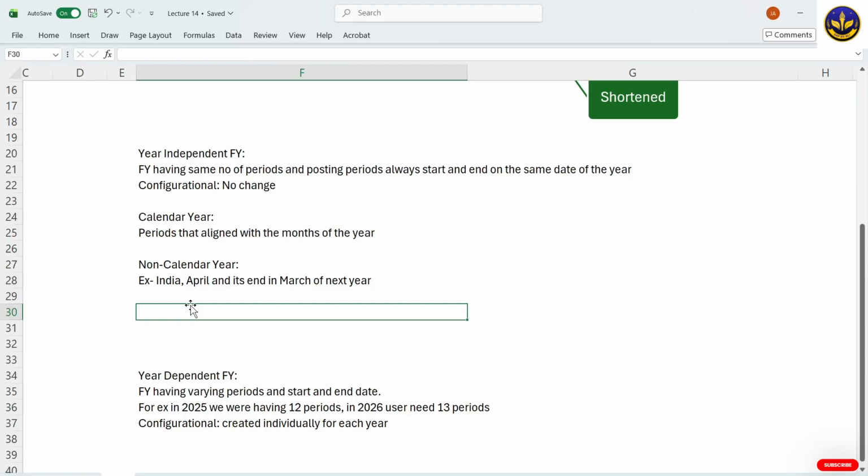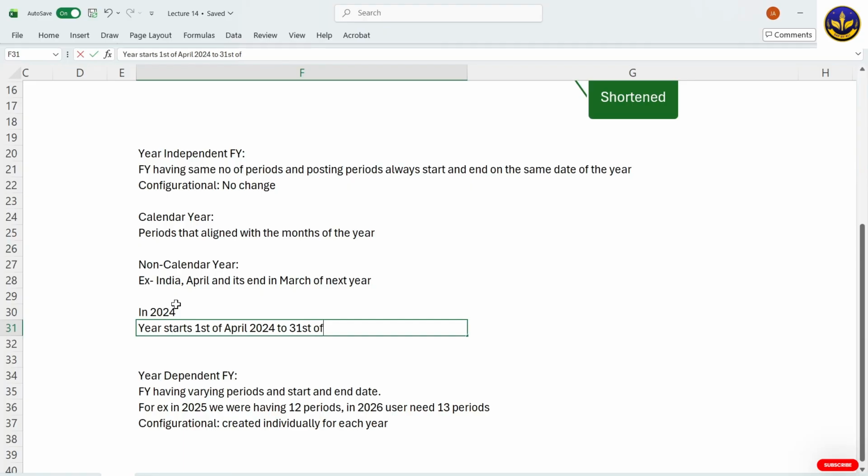For example, let's suppose our year starts on 1st of April 2024 and ends on 31st of March 2025. This is the fiscal year for India. So what is happening here is that some of the periods fall in 2024, and the last three periods, January, February and March, fall in the year 2025.